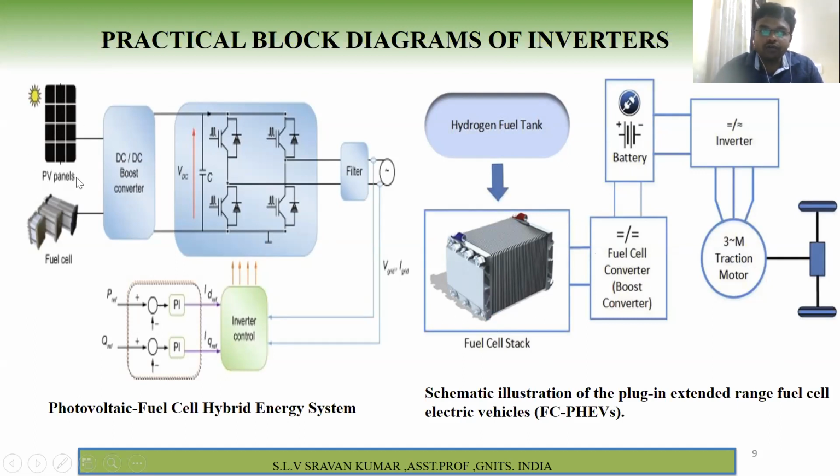Now, what is the main difference between these two? This is a hydrogen-based fuel cell we are generally using, but the cost is very high, even if you want to generate some 10 to 15 volts, compared to the solar panel. So that's why generally everybody will use solar panels or some small wind energy, which is called aerogenerators.